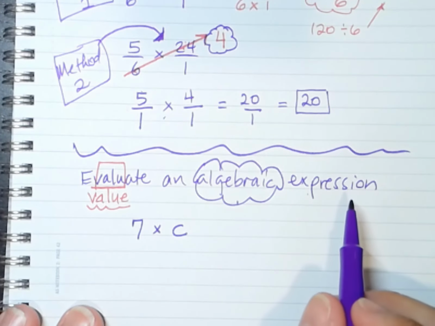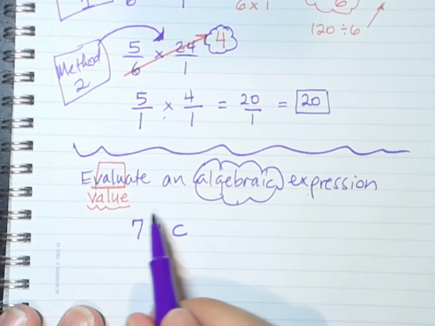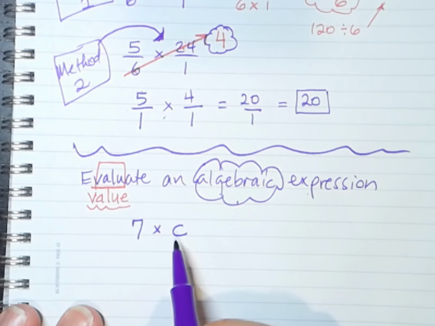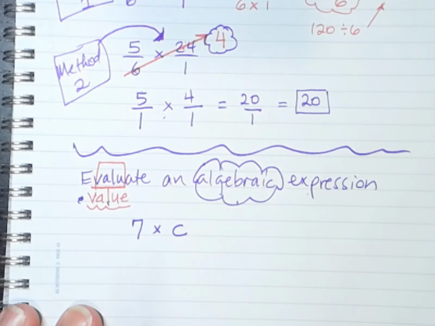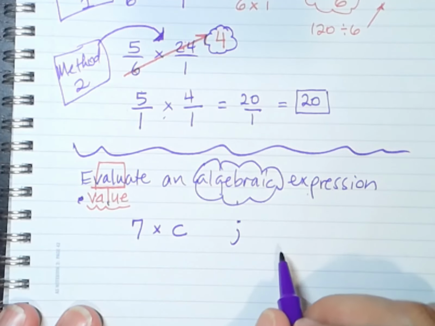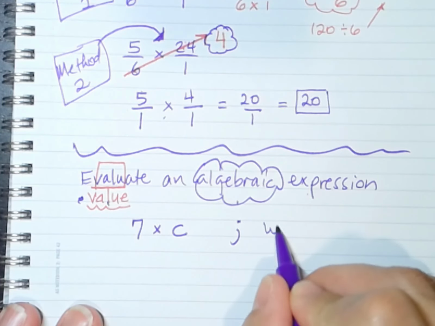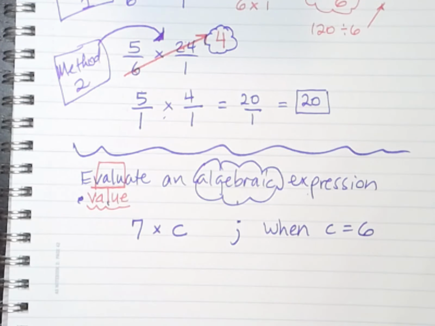They're not equations because there's no equal symbol. Okay, so if I'm asked to evaluate 7 times C, well, I can't find the value of that until you tell me what C is. So I'm going to give you a second part to this problem, when C is equal to 6.